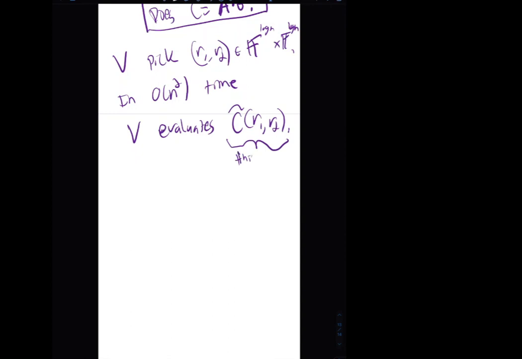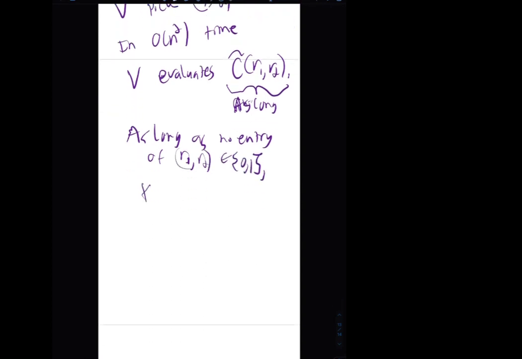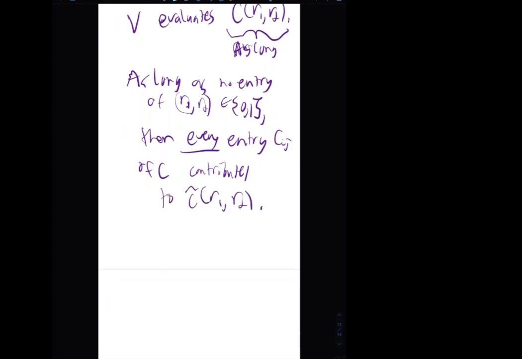As long as R1, R2 are not Boolean, so let's say none of their entries are Boolean, then every entry of the matrix C contributes to C twiddle at R1, R2. You can see this from multilinear Lagrange interpolation.